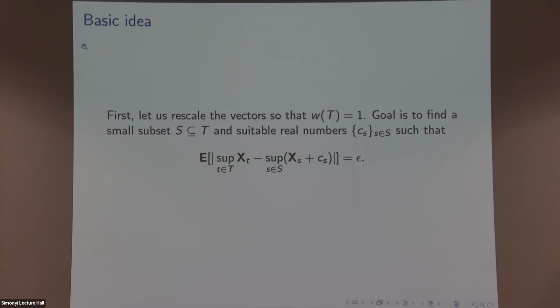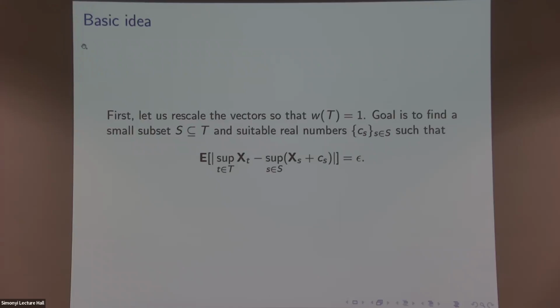My goal is to find a small subset of those vectors, and suitable constants, such that the original process can be approximated by this new sparsified process. And my goal is just to keep the size of the set of vectors I choose independent of the ambient dimension, or independent of the set of vectors. But basically, we're okay right now with any dependence on epsilon.